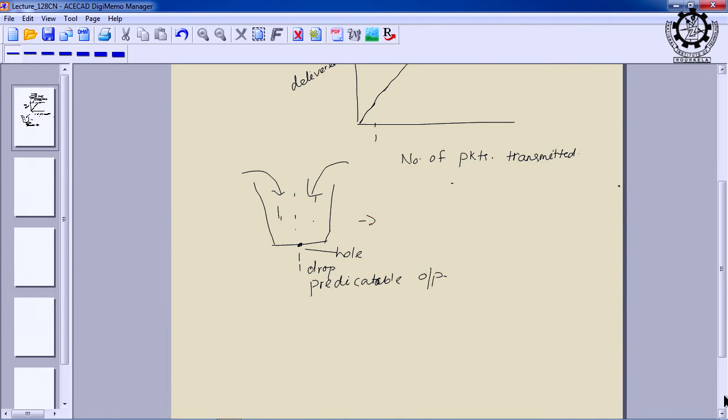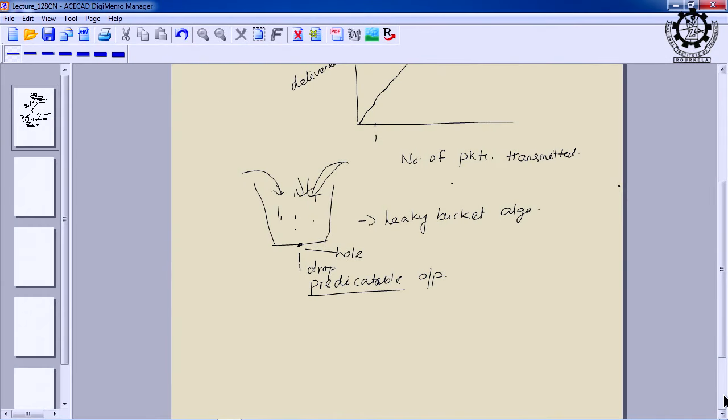We say this is a leaky bucket algorithm. The concept is usually used in the routing case. That means a buffer or a router may have as many inputs from different sources, but when it forwards the packet, it usually does so on the principle of a leaky bucket. It has a predictable output through which it has to send the packets at that rate.